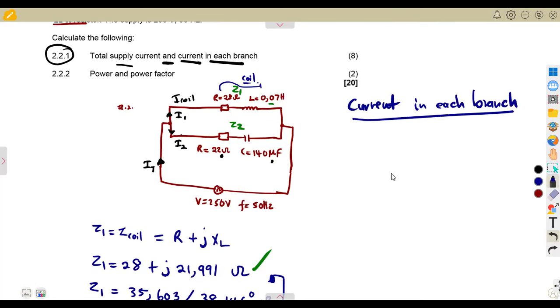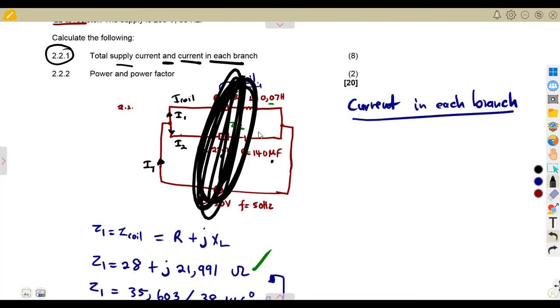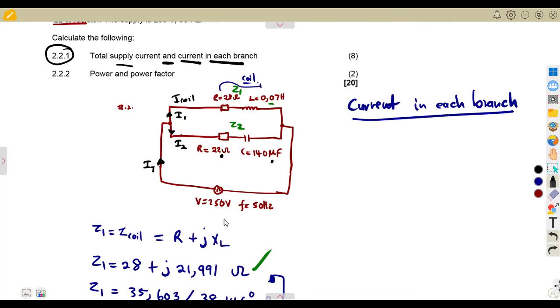So considering that there is I1 and I2, this is a parallel circuit. And in a parallel circuit, we do understand that the voltage is the same. The voltage that we have here is the same as the voltage that we have here. So you can take that as an advantage to calculate I1. It is just the supply over Z1, which is our Z coil. In polar form for division, V1 is 250 at an angle of 0 degrees.